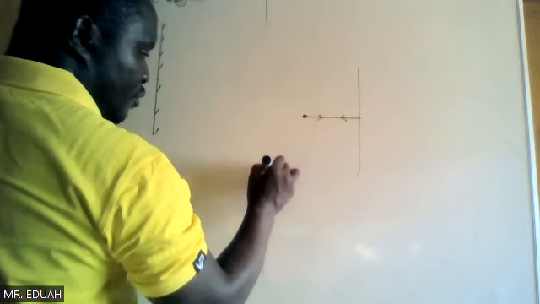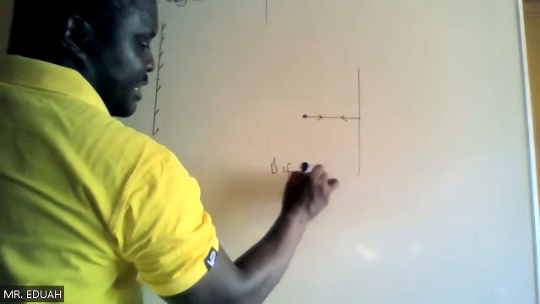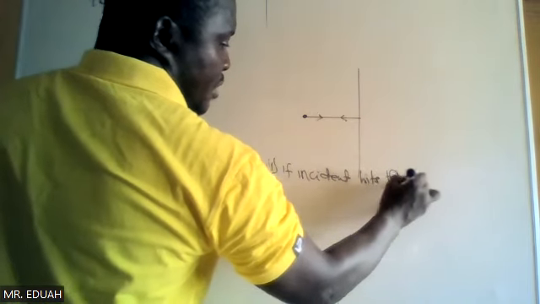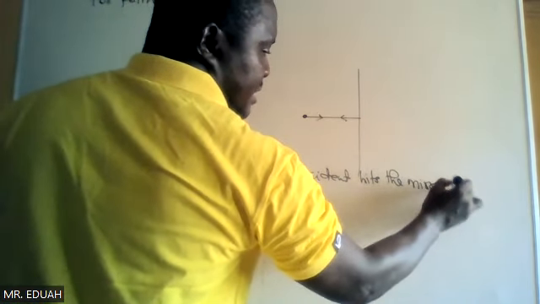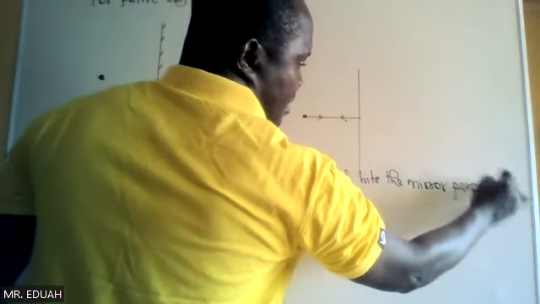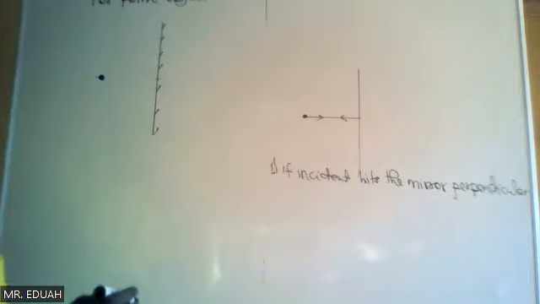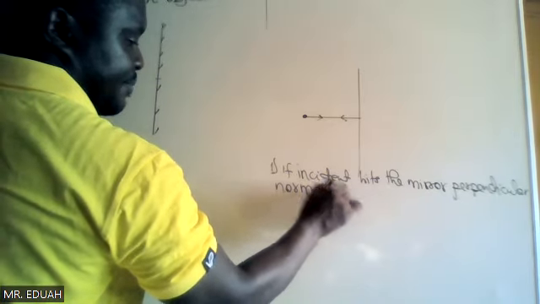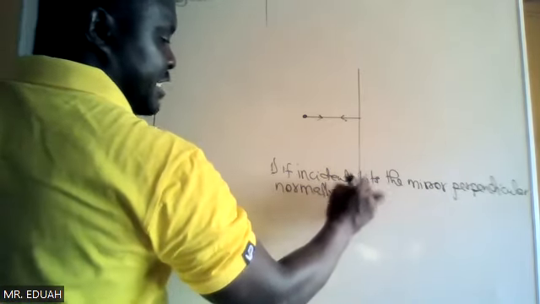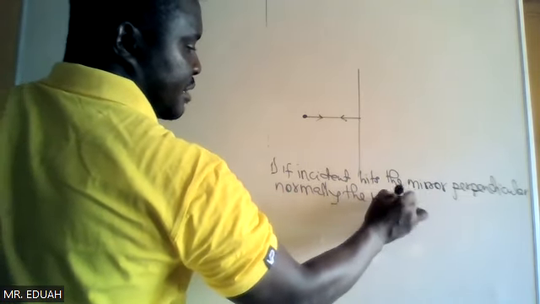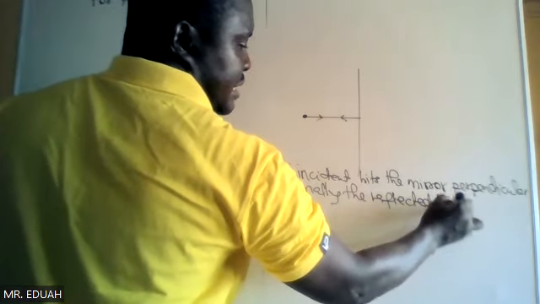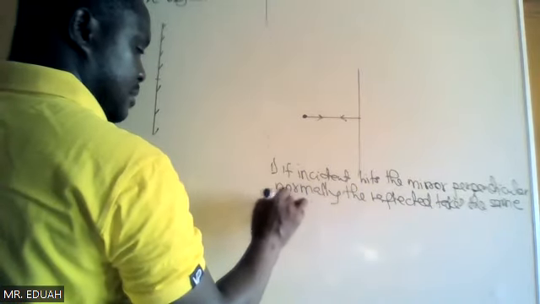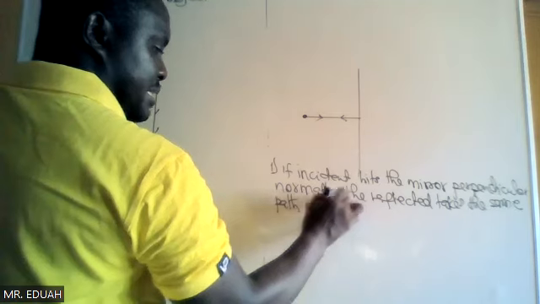So rule one: if the incident ray hits the mirror perpendicularly, or sometimes the word used can also be normally, the reflected ray takes the same path as the incident ray.